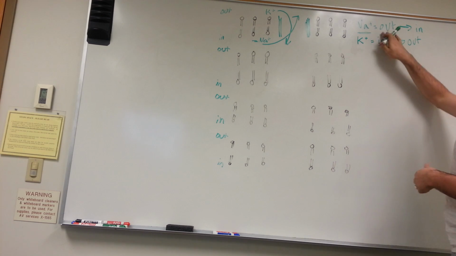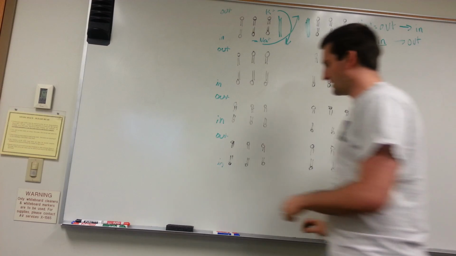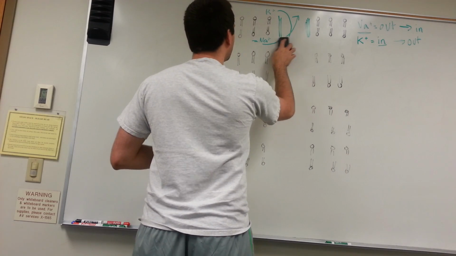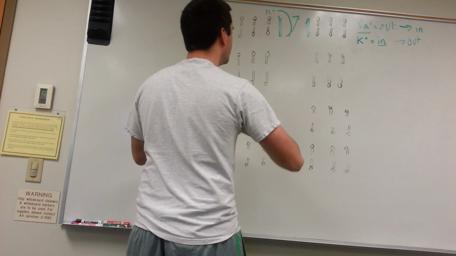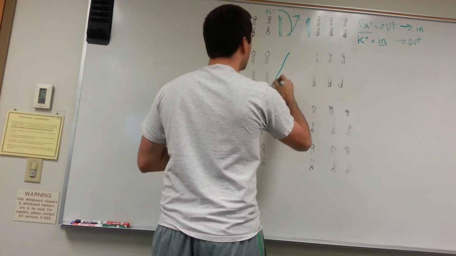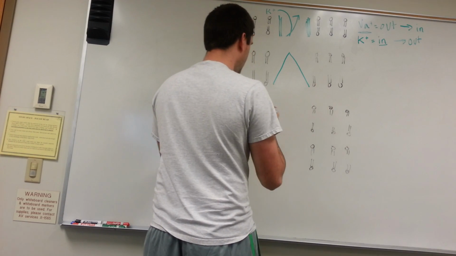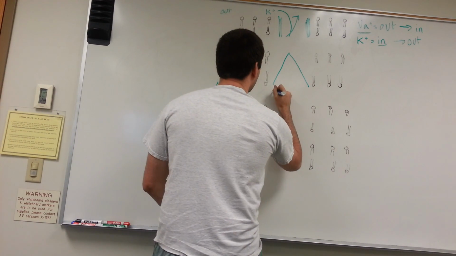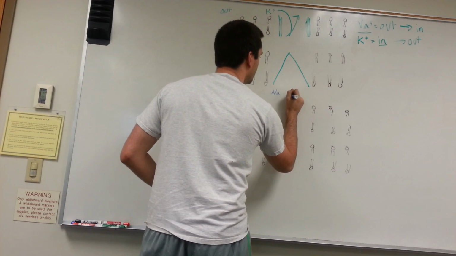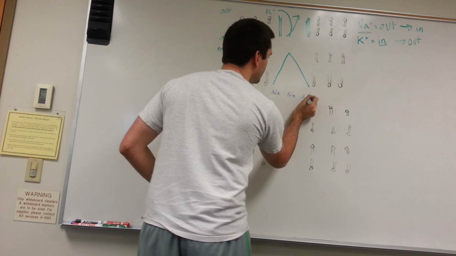So let's build this gradient. Let's build our sodium-potassium gradient. And to do that, we're going to move on to our next layer. So using green as our example, we're going to have a conformation change right now. So we're going to have some sodiums inside the cell.